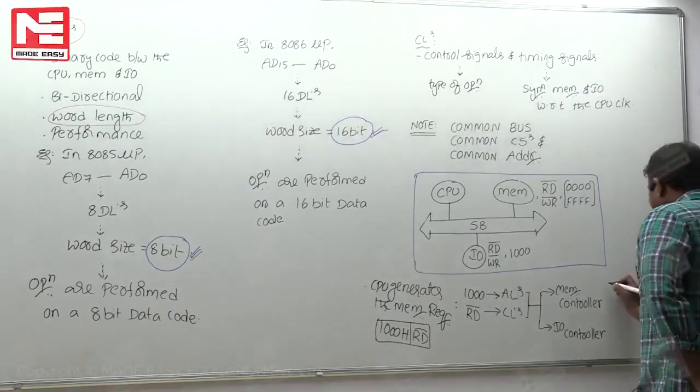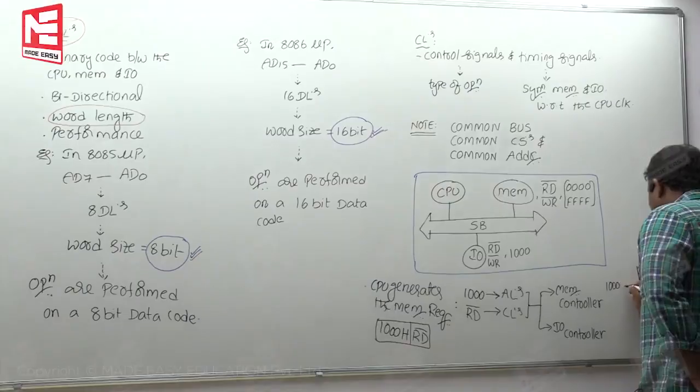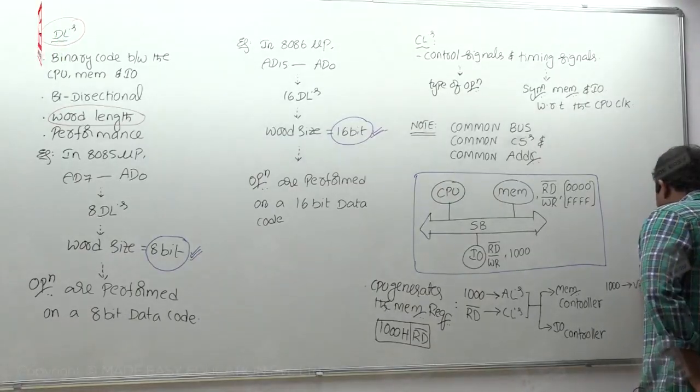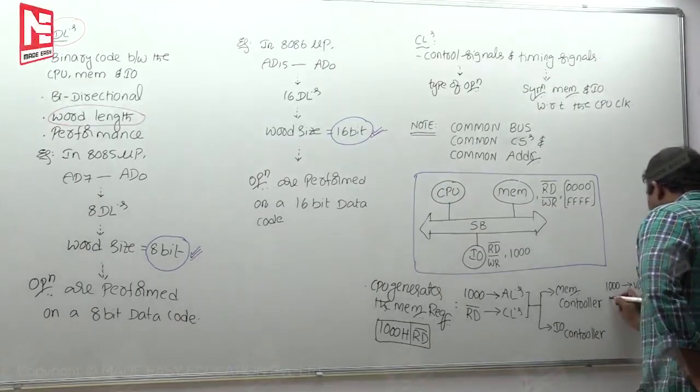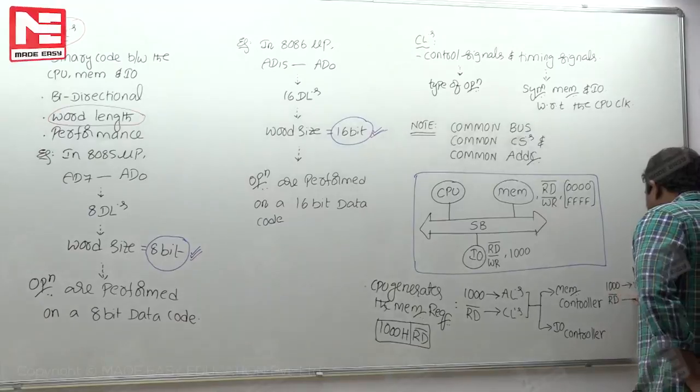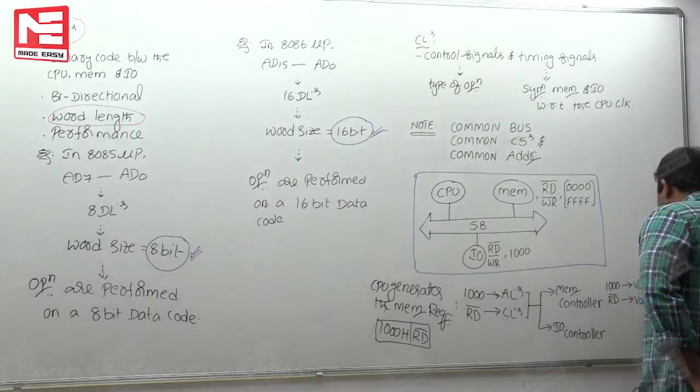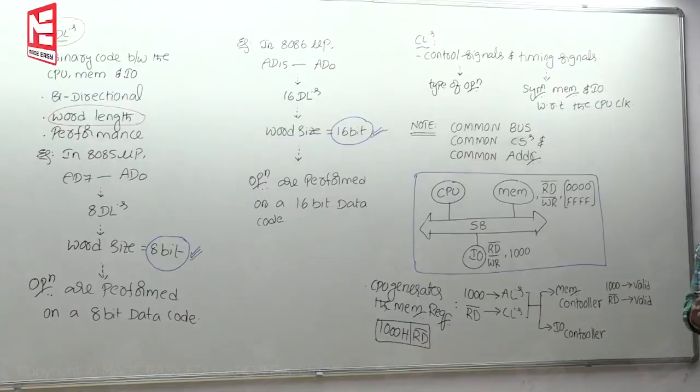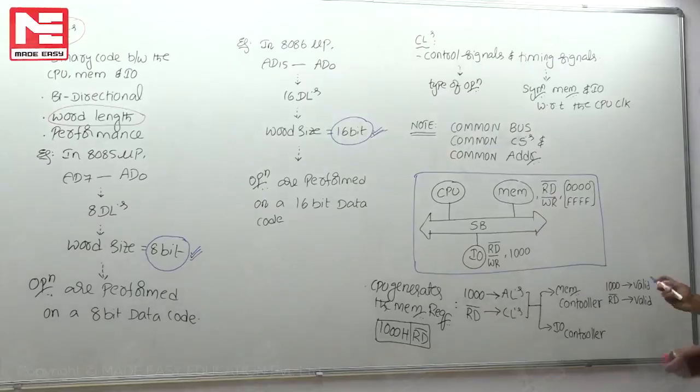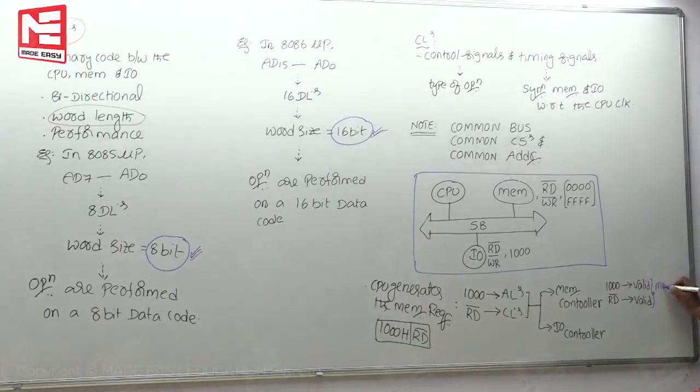The memory controller decodes the address, which is valid. The memory controller decodes the signal, which is also valid. Address and control signal both are valid. So memory realizes that the CPU is expecting some information. Therefore, the memory operation will be activated. Memory is ready to send the data.